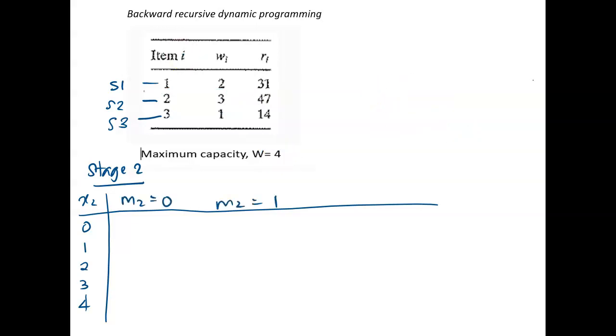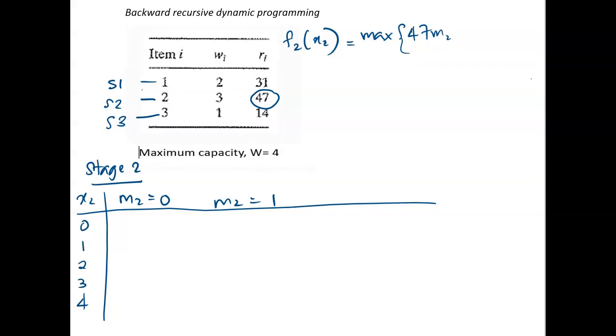Now, for the function that we are going to use for stage 2, it will be f2 x2. Remember, because we want to maximize our return, it will be maximize 47 m2. Why 47? Because the return for item 2 is 47.